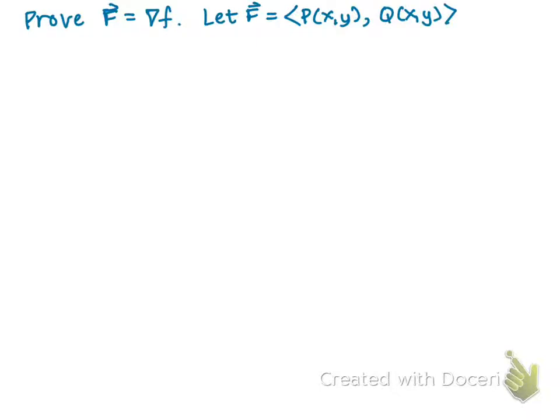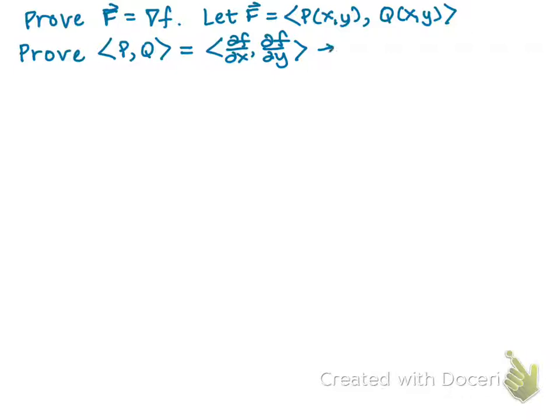If we want to prove that these two things are equal, we want to prove that PQ equals partial f partial x, partial f partial y. Or in other words, P equals partial f partial x, and Q equals partial f partial y.